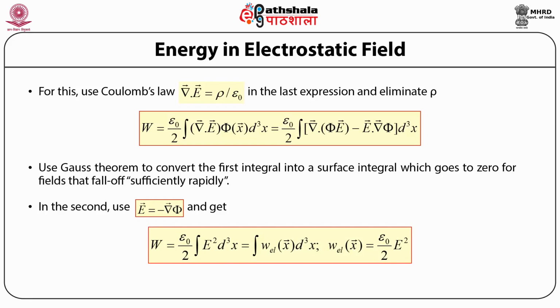And this can be then written as volume integral over volume element d cube x running over W subscript electric as a function of position vector x, where W subscript electric as a function of position vector x is epsilon naught by 2 whole times the square of the electric field.